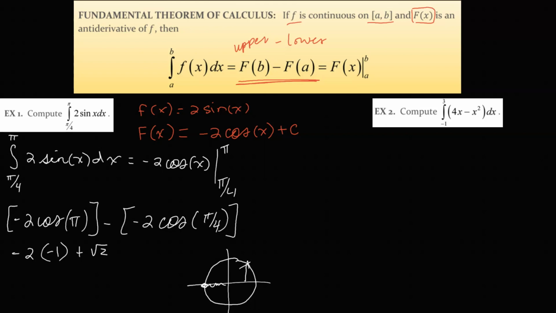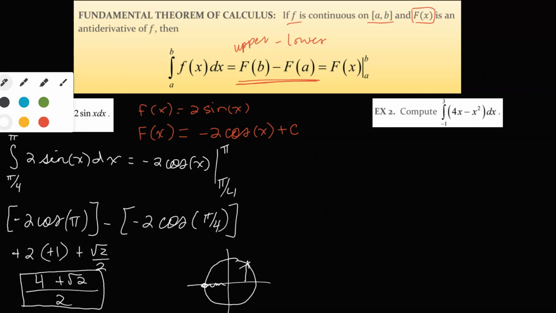So root 2 over 2. If we want to write it neatly, we would write it with a common denominator: 2 times a positive 2 is 4, plus square root of 2. And that is the value of that definite integral.